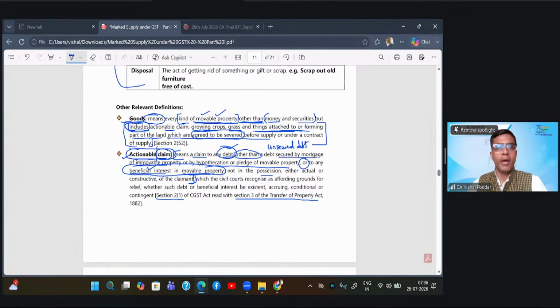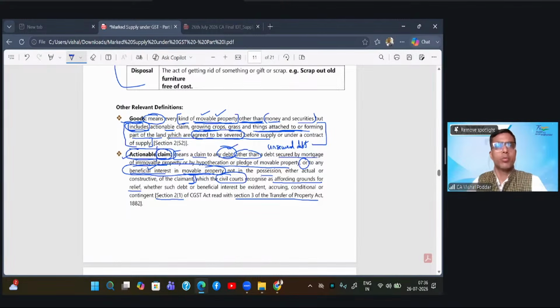You have a recourse. What is that recourse? That the civil courts are accepting this as a ground for relief, which means you can file a suit for that in the civil court. That makes your claim actionable.